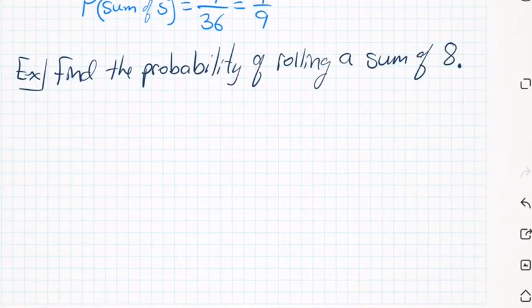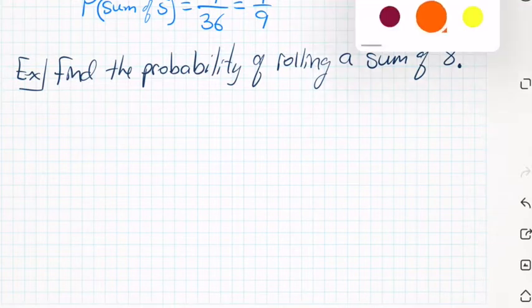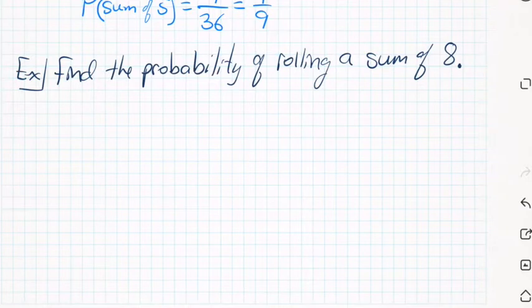All right, so there's a difference on dice when we're dealing with sums that are odd and dealing with sums that are even. So again, the number of outcomes is going to be 36, but the number of events is going to be a little strange for 8. So first I want to come up with the numbers that add up to 8 that have to be on a die.